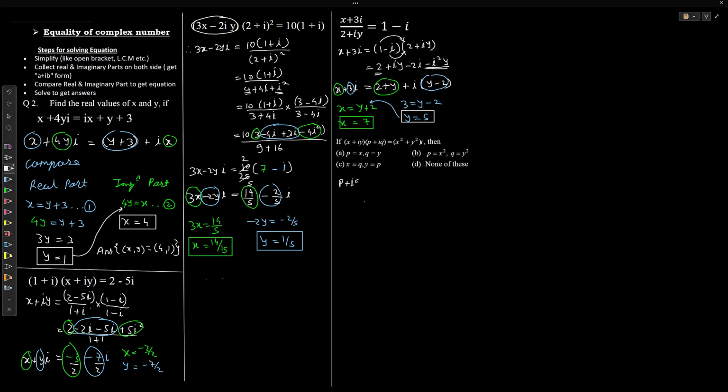So p + iq will be equal to (x² + y²) i upon (x + iy). Now we have to simplify right hand side, and for that we need conjugate of denominator, which is x - iy. So multiply and divide by it.